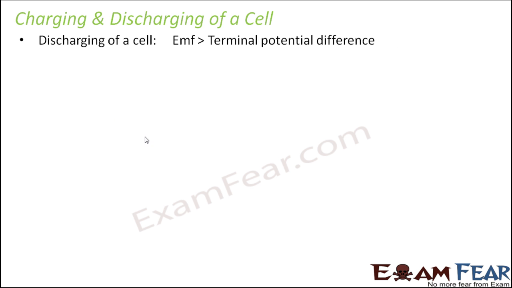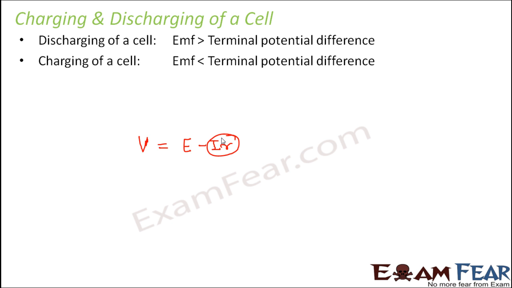As I mentioned just now, during discharging, the terminal potential difference is equal to E minus Ir, where Ir represents the voltage drop across the resistances. So during discharging the current flows, energy of the cell gets used up, so gradually the terminal potential difference between the two terminals is reducing, right? So it has to be less than the EMF of the cell, right?